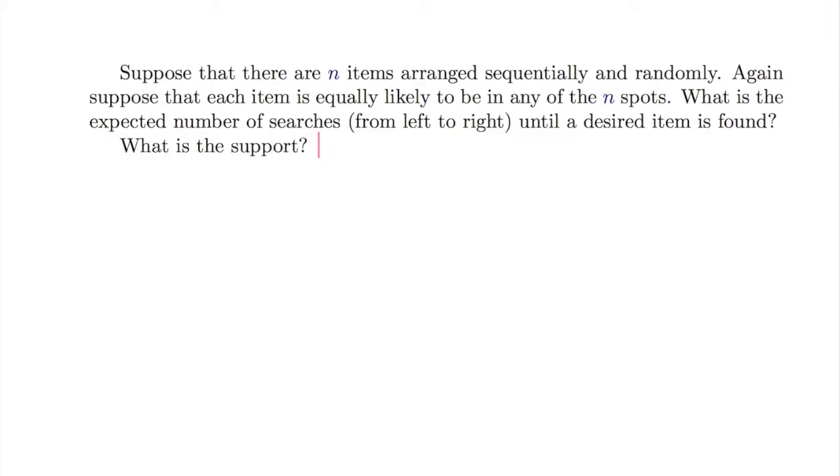So let's define a random variable x to be the position of the desired item. What are the possible values that x can take on? Well, x is in the set 1 through n, right? Because since we put all the items down, it has to be in one of the positions. That's obvious, right?